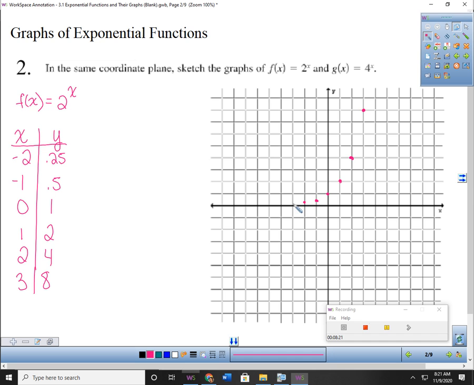Okay, what I like to do is start a little bit in front of that dot, and then follow all the way up, and you want to extend, and then you'll put an arrow on each end. Just make sure that you don't cross the x-axis right here. This does not cross. Okay, no crossing the x-axis.